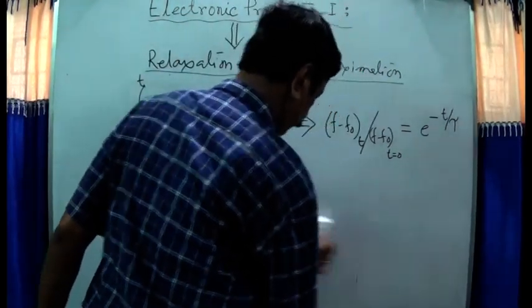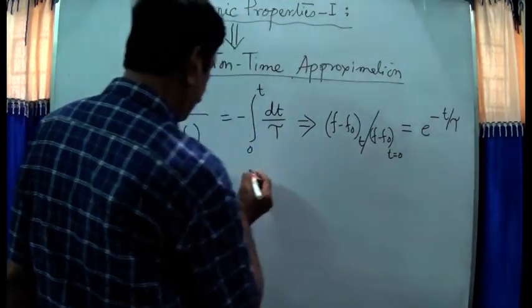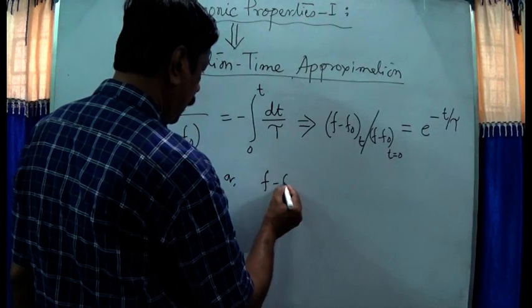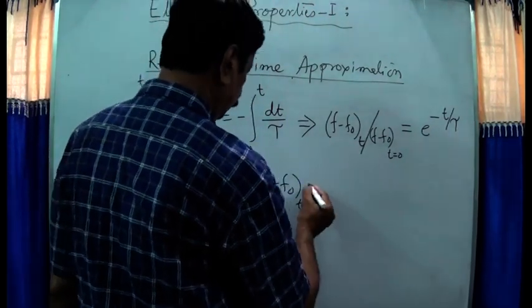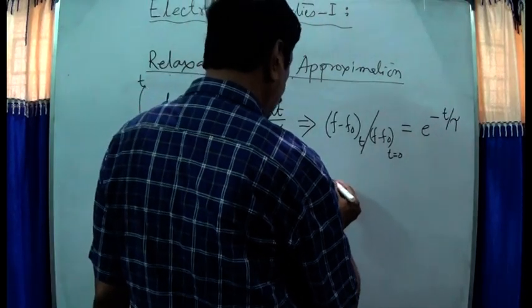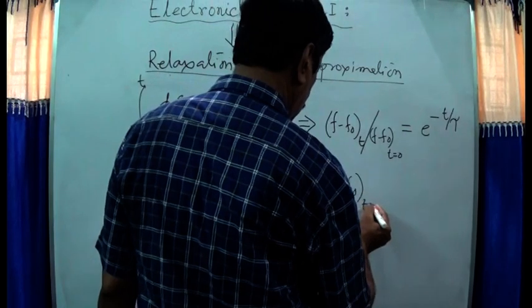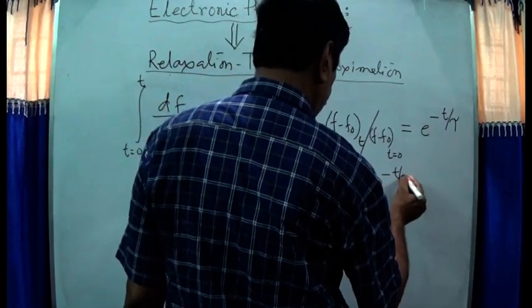Now, rearranging this, f minus f0 at t equal to f minus f0 at t equal to 0 times e to the power minus t by tau.